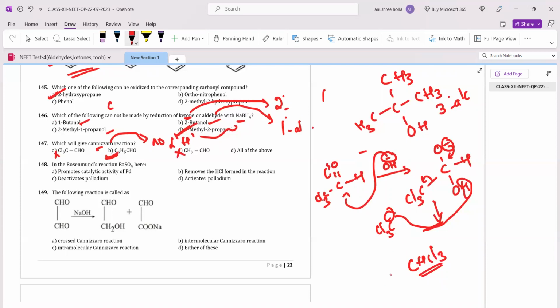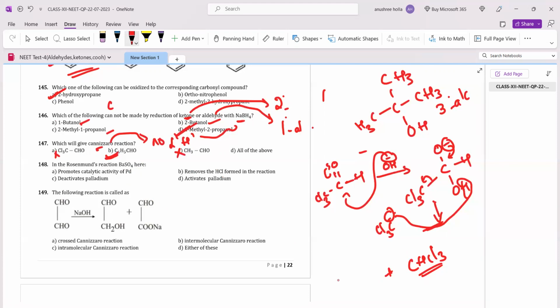So I cannot get the products which we normally get from the Cannizzaro reaction. What do we get from Cannizzaro reaction? We'll get an alcohol and a sodium salt or potassium salt of carboxylate, right? But here we don't get those two products. Since we are not getting the same product as we get in the Cannizzaro reaction, we cannot say that this gives Cannizzaro reaction, right?